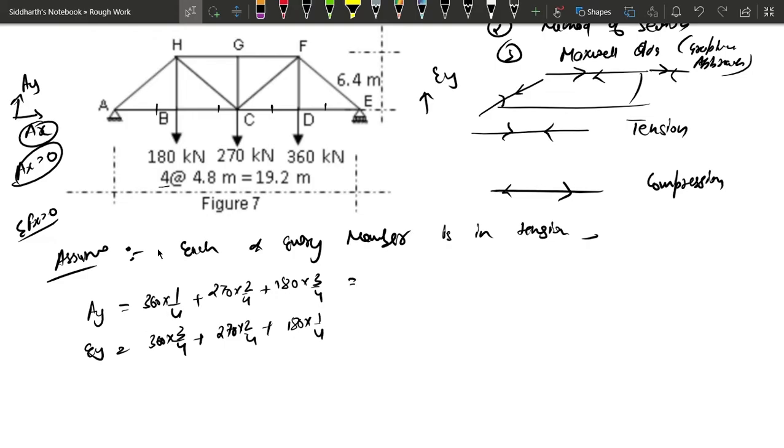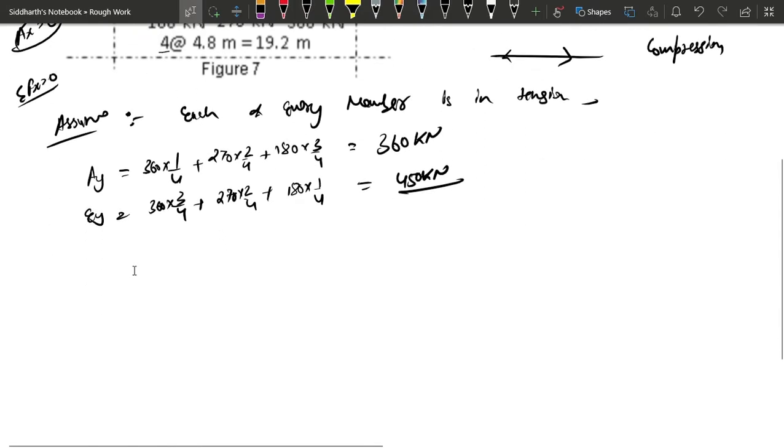After solving this, we get AY as 360 kilonewton, and solving for E, we get EY as 450 kilonewton.